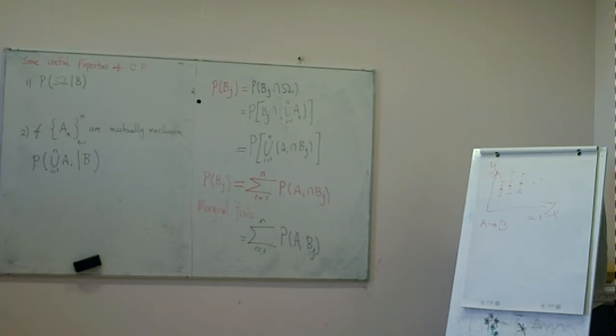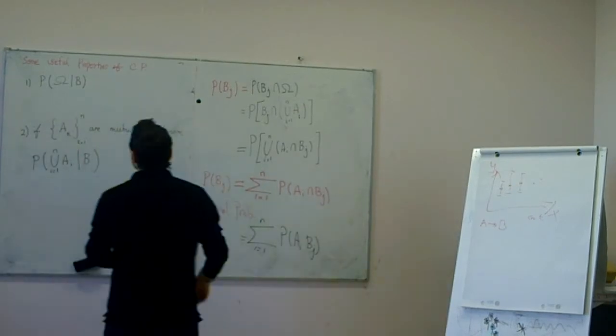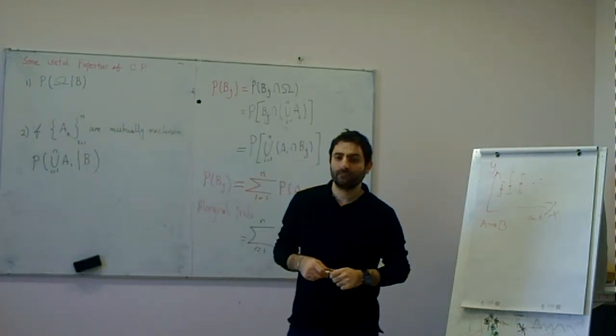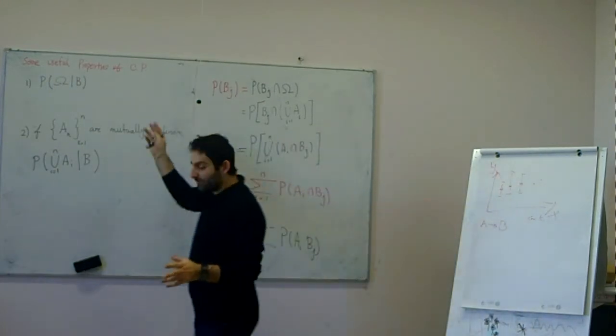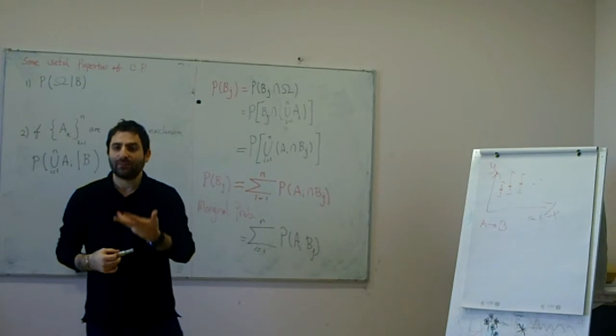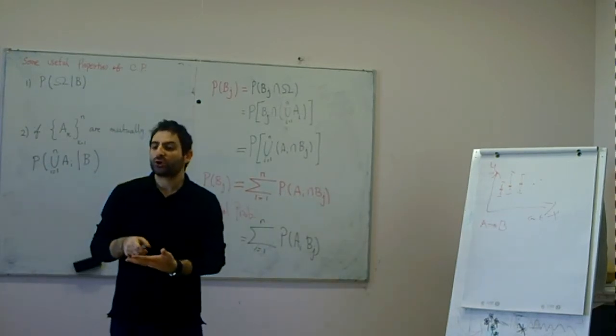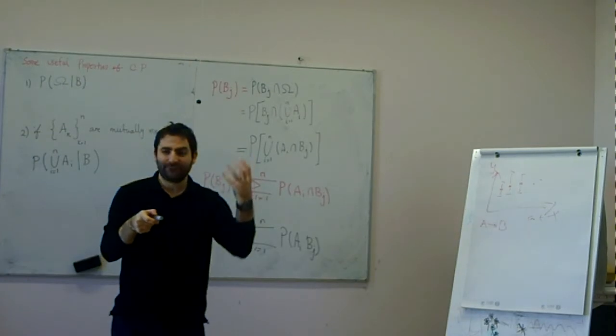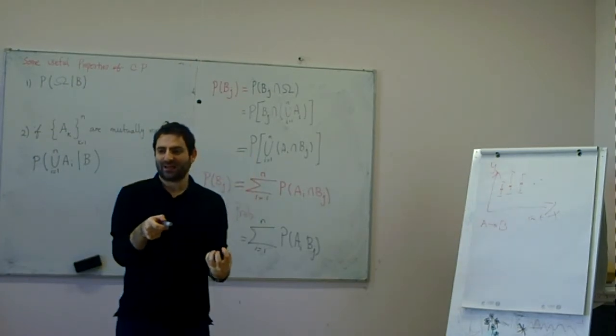Now, let's start with the first one. Probability of the sample space given B. What is it? We prove it, but let's define it. Let's put it in English. Probability of choosing from the sample space if one of the sample space events has happened.